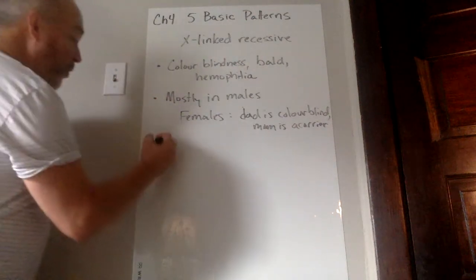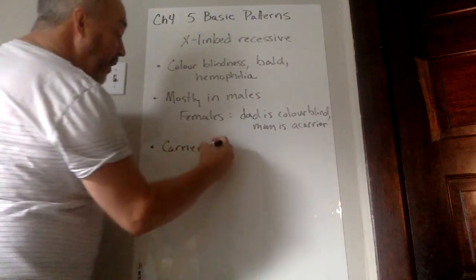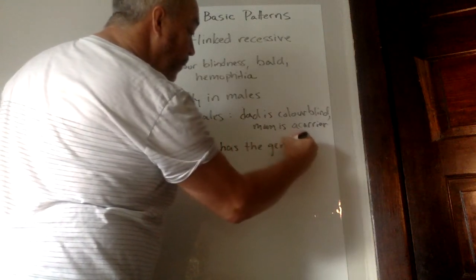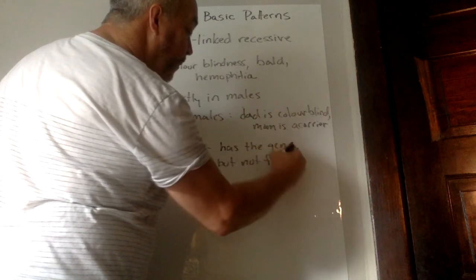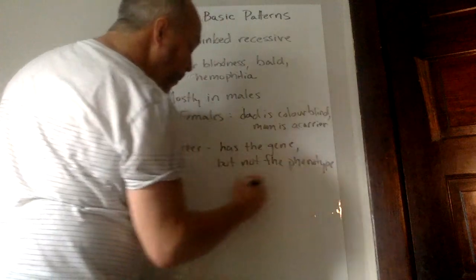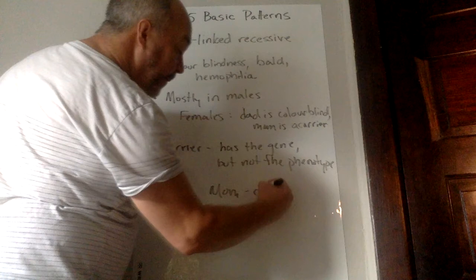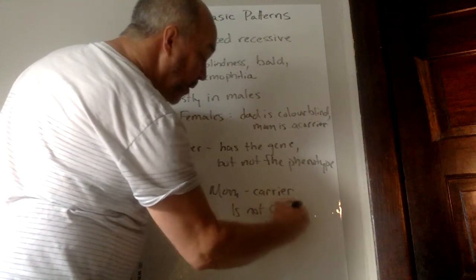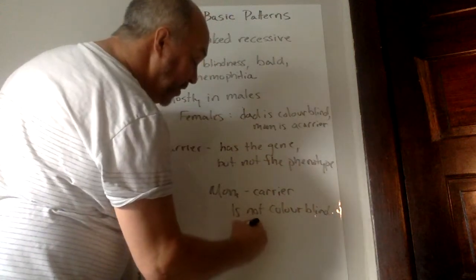And so this brings up a new term, carrier. A carrier is someone who has the gene, but not the phenotype. So mom, if she is a carrier, is not colorblind, but has the gene.